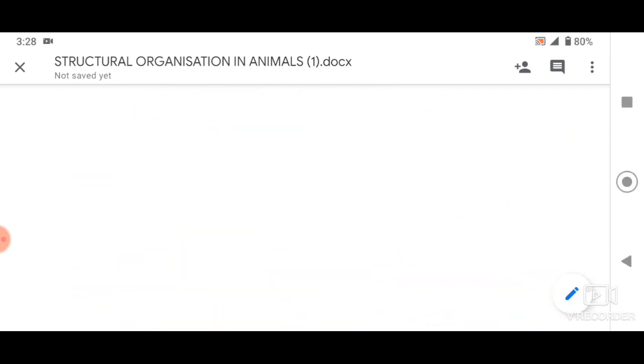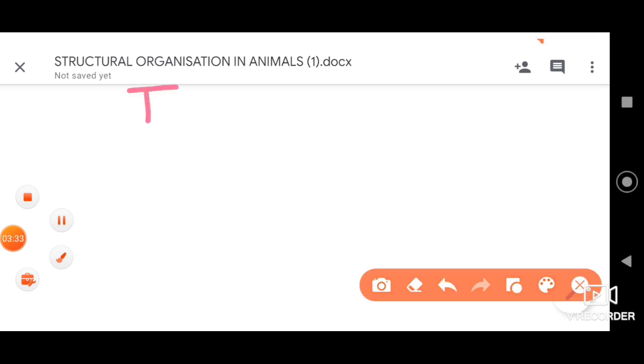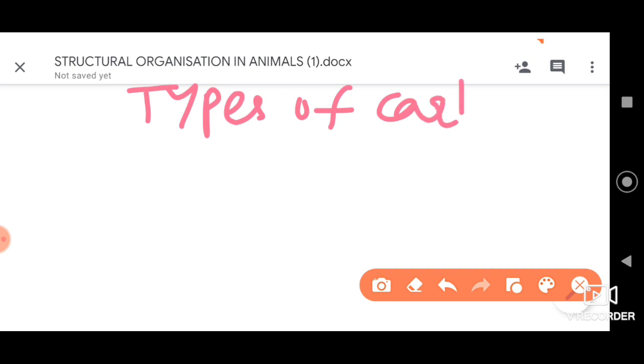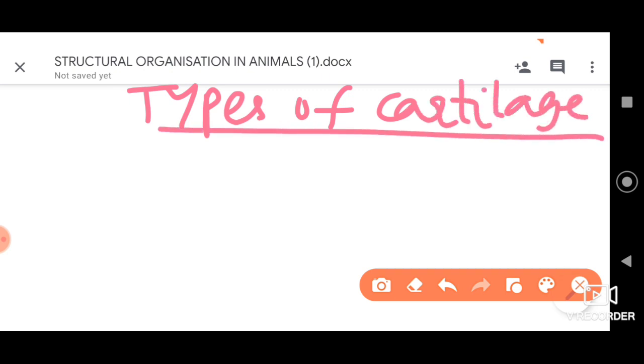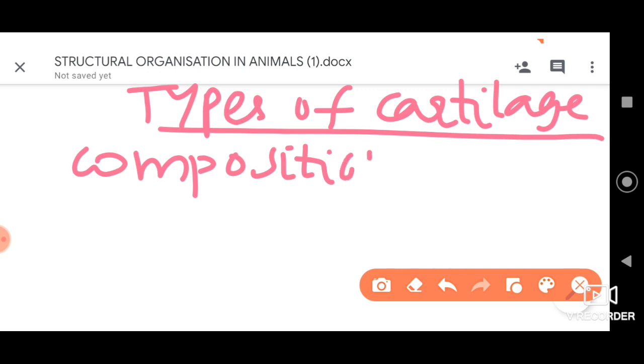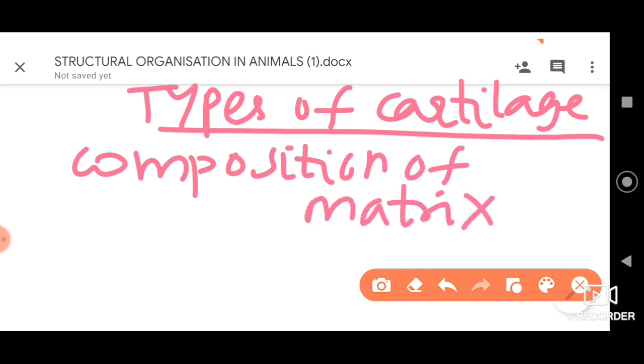Now moving ahead, let us discuss the types of cartilage. Generally, the types of cartilage are based on the composition of the matrix. That means based on what components the matrix has, it is classified into two types.